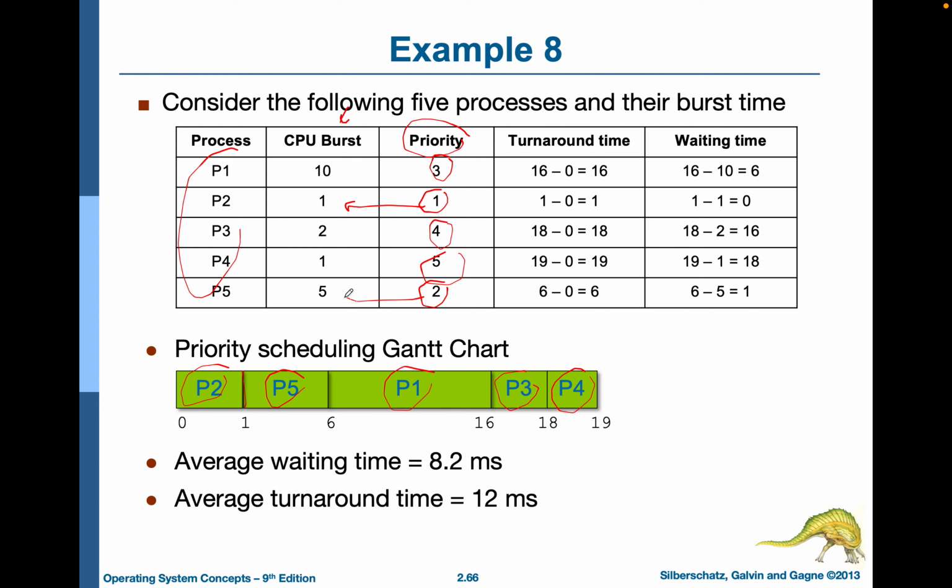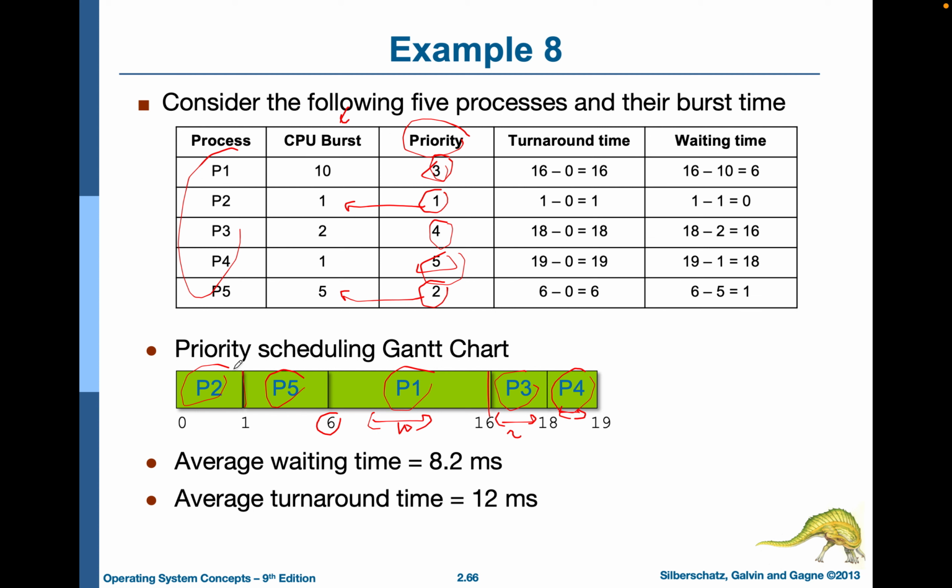Second, 5 plus 1, so the CPU cycle is going to be 6. After that, third will be 10, 16 all together. Fourth one is 2, and lastly is going to be 1.